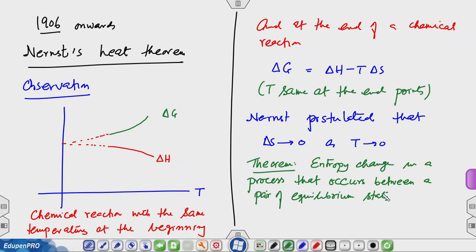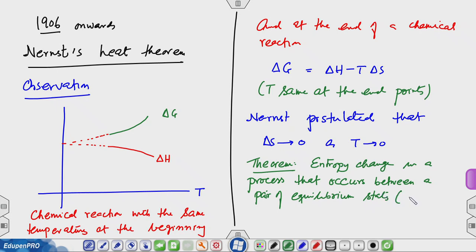So, for example, if there is a chemical reaction taking place, you have two equilibrium states, one the end products and one the chemicals reacting. So, it is occurring between a pair of equilibrium states. And how does this happen?